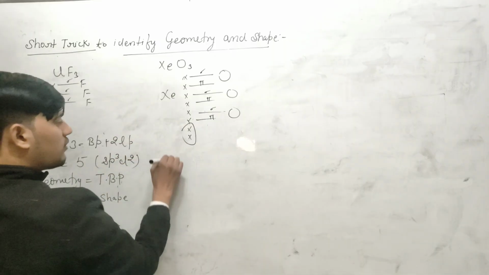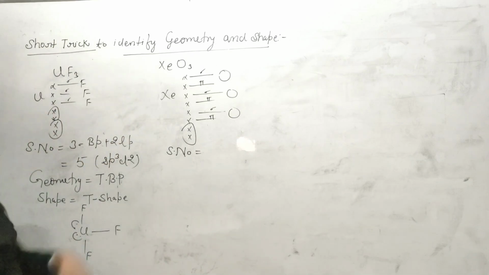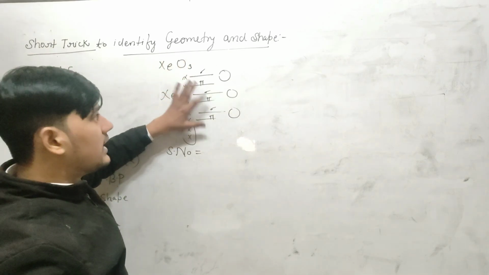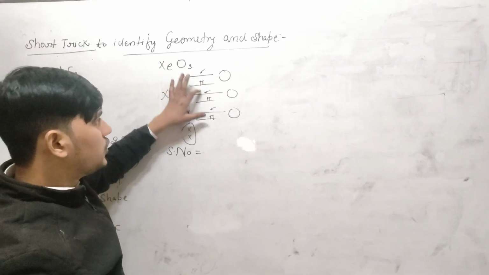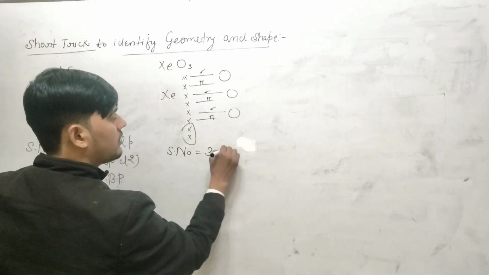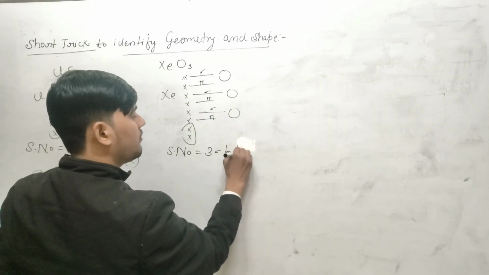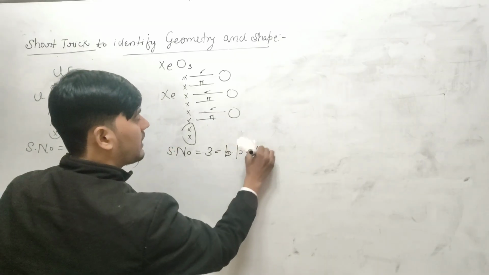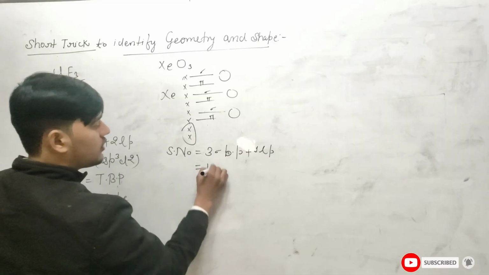The number of sigma bonds plus lone pairs is the steric number. So the number of sigma bonds is 1, 2, 3. The pi bonds are not counted. So 3 sigma bond pairs plus 1 lone pair is equal to 4.